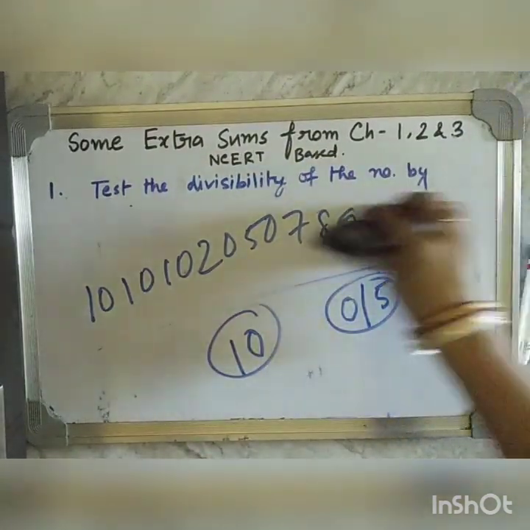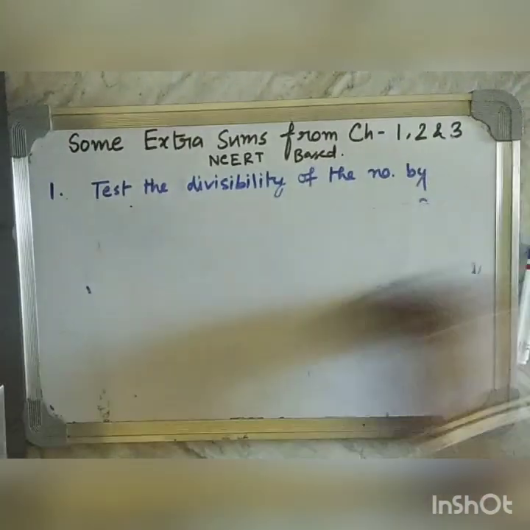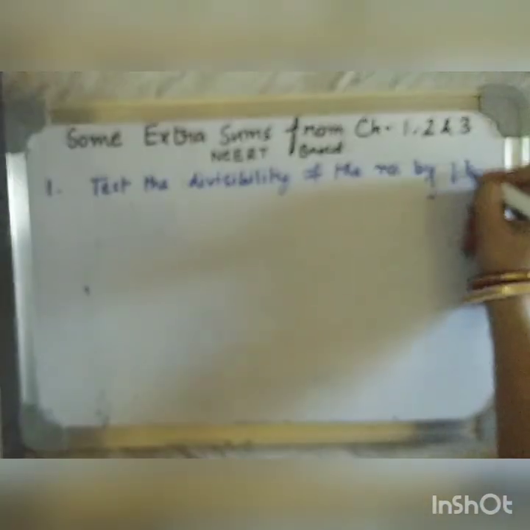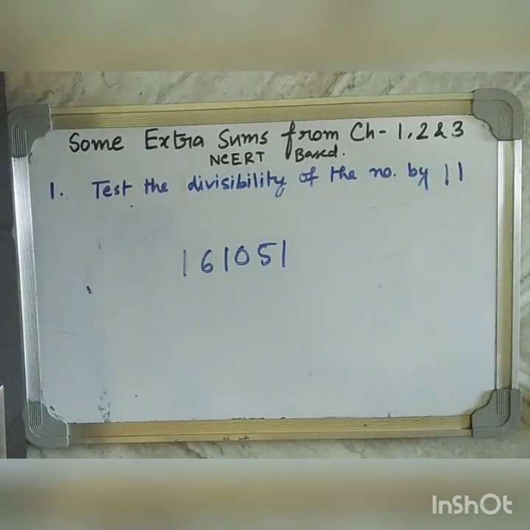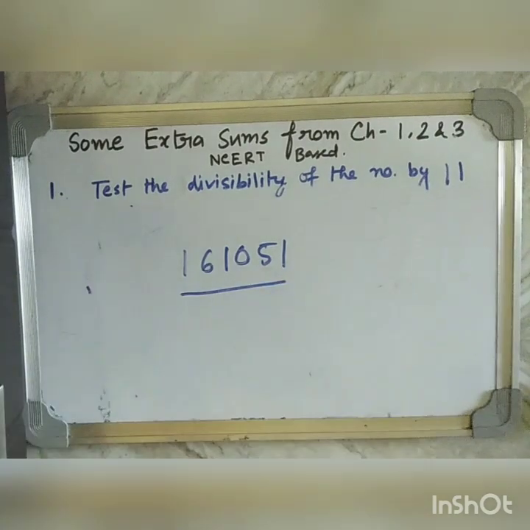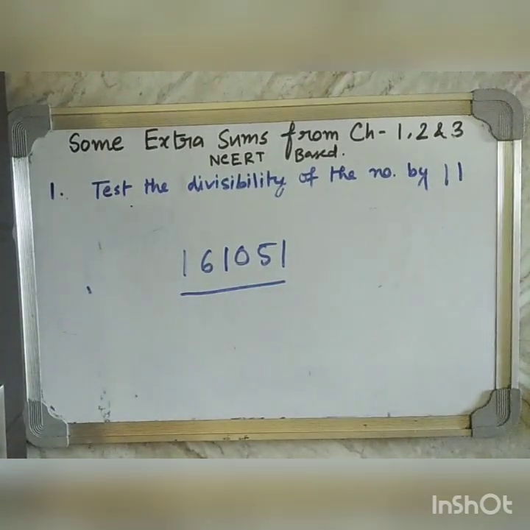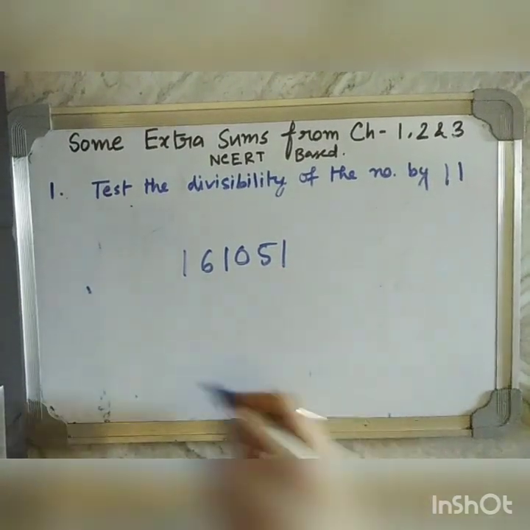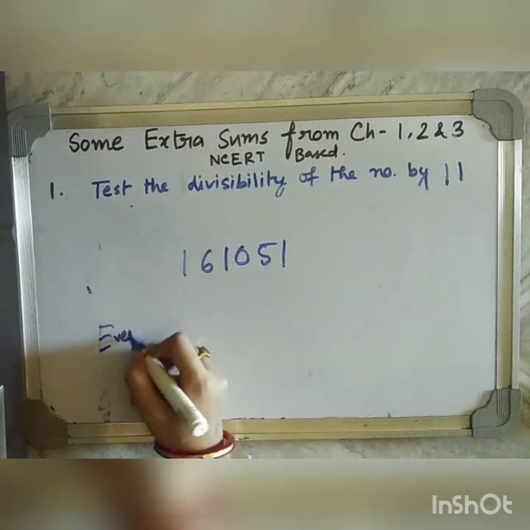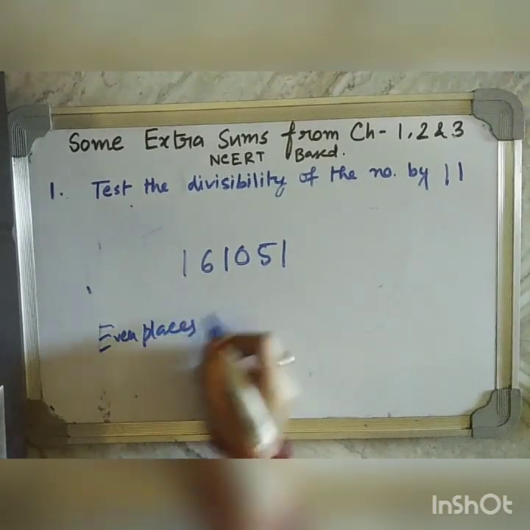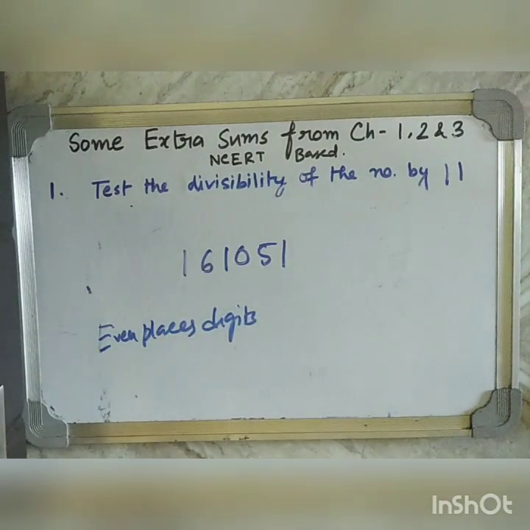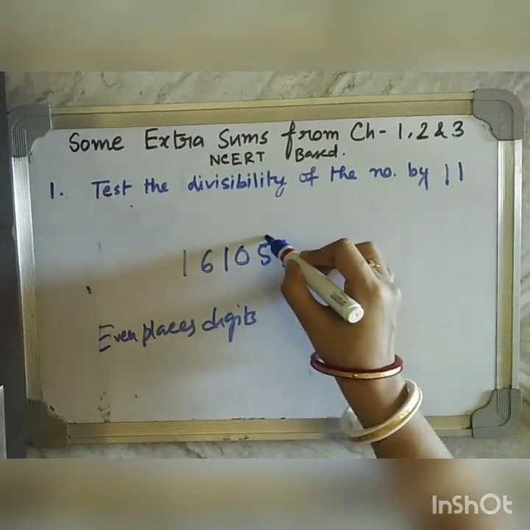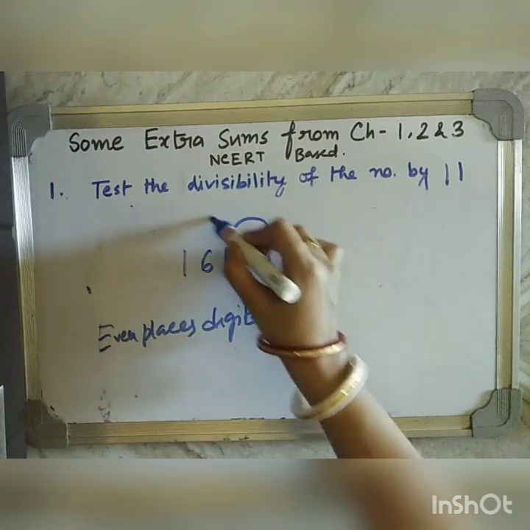Now we will talk about the divisibility rule of 11 as well. Now suppose this number is given. We have to check the divisibility of this number by 11. So first step, what you have to do? You have to find the even places digits. What are the even places digits? 5, 1, 1.